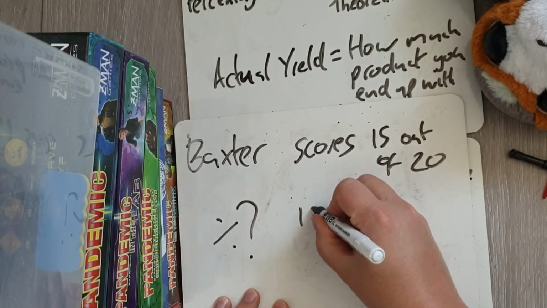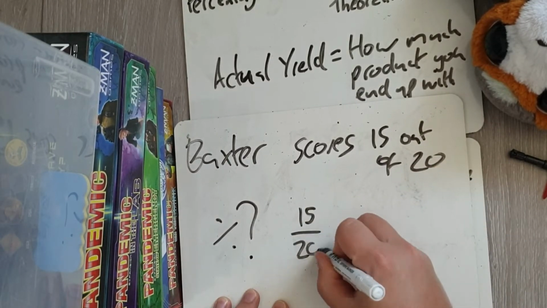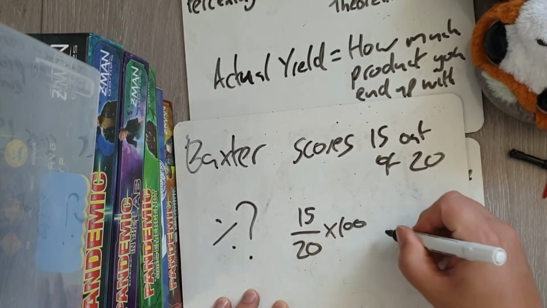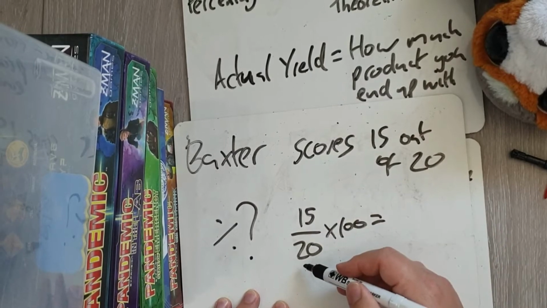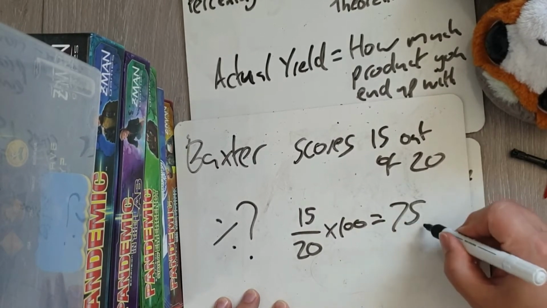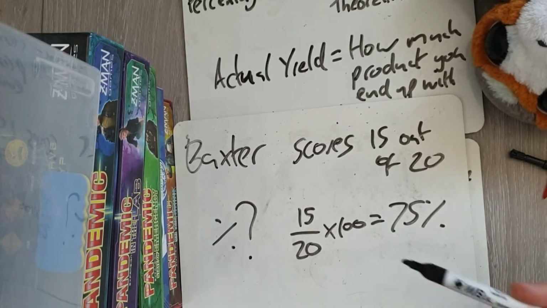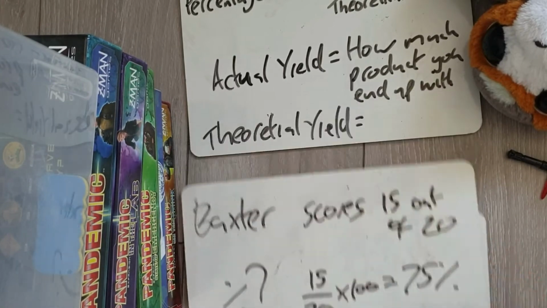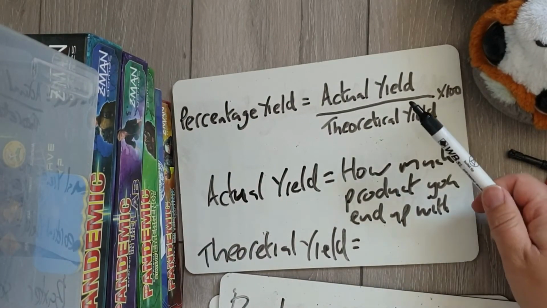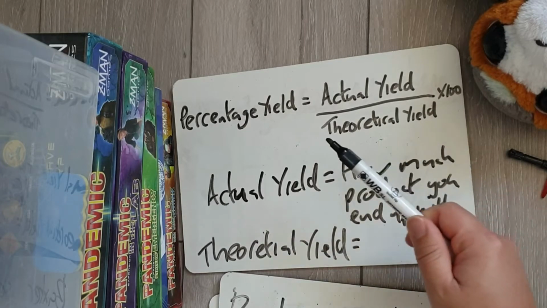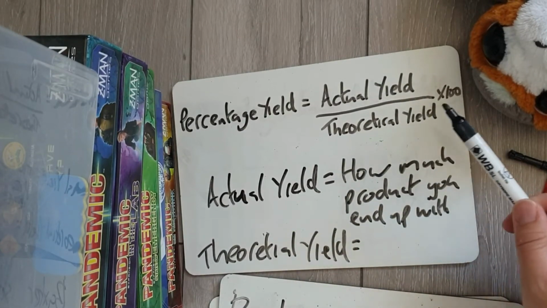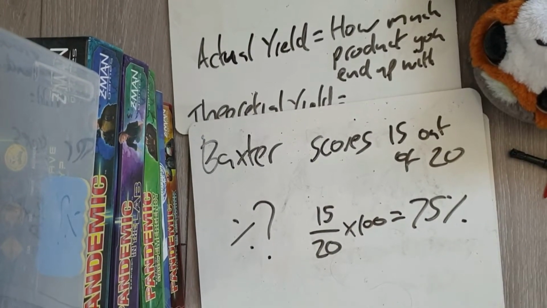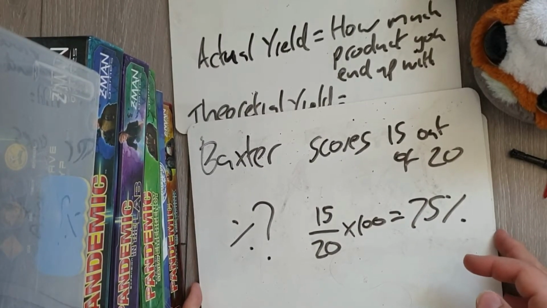He got 15, the score he got, divided by 20, which was the maximum possible score he could have got, and then you times it by 100 to turn it into a percentage. So 15 divided by 20 times 100 is 75%. What you did get divided by the maximum times 100. And if you look back at the percentage yield, actual yield is what you did get, theoretical yield is the maximum. So what you got divided by the maximum times 100. It's no different than working out percentages on a test that you would take in school.